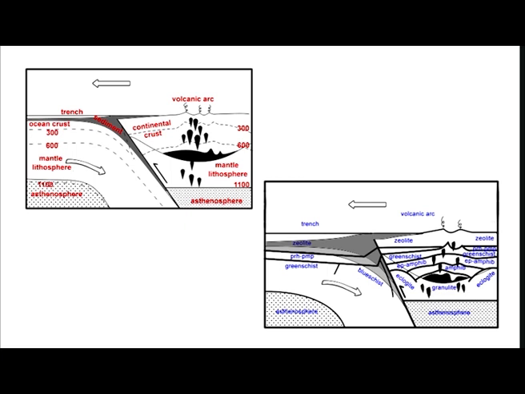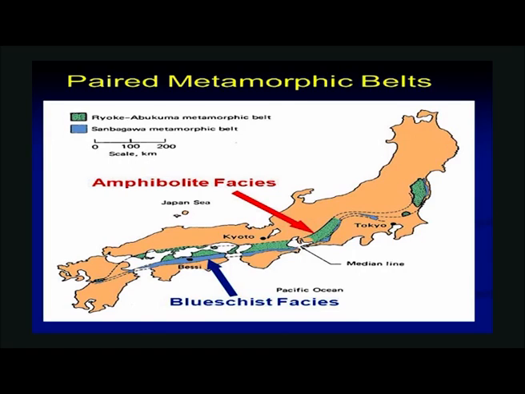Paired metamorphic belts. On the basis of figure 2, it is revealed that there is a polarity to the metamorphic facies in the subduction zone. That is, the increase in metamorphic grade from zeolite, prehnite-pumpellyite, blueschist to eclogite takes place along the dip of the subduction zone, because this is where the isotherms are blown down.